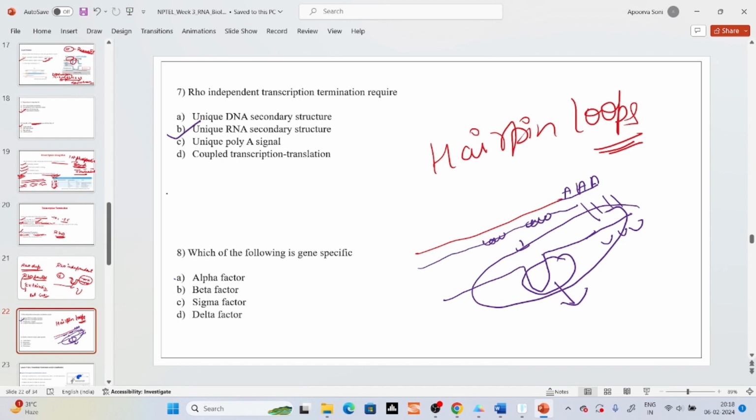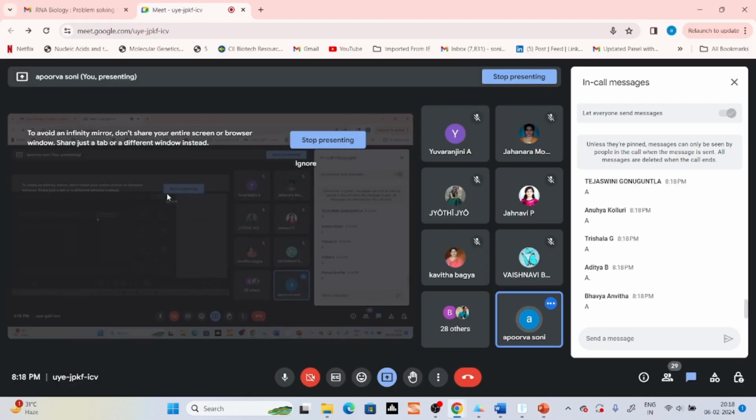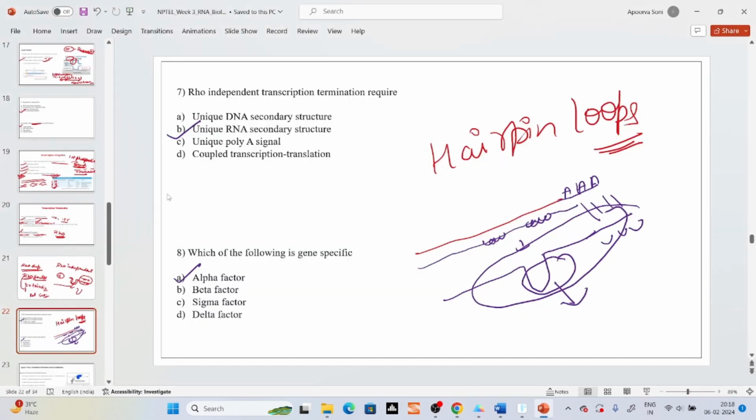So why is it gene specific? We have seen also that there are different kinds of alpha factor, you are saying. Why do you think A is the correct answer? Can anybody tell me? Why do you think alpha factor is gene specific and sigma factor is not?